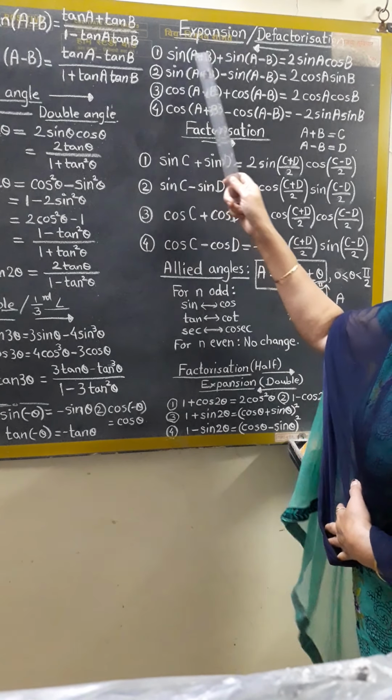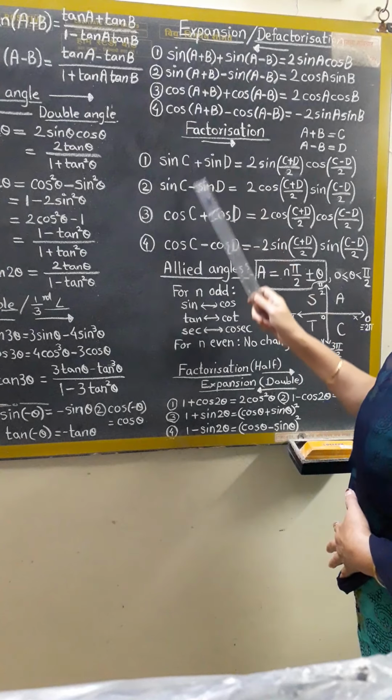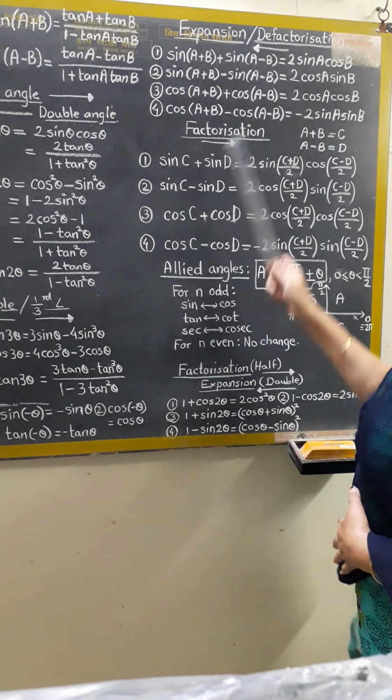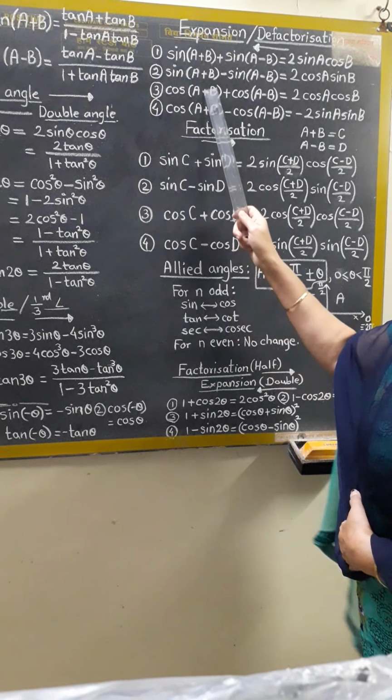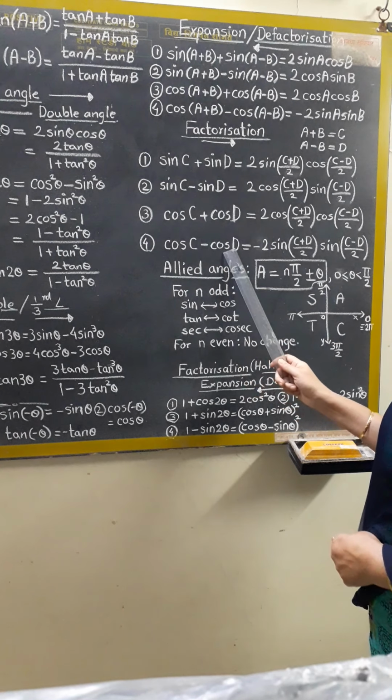So this becomes sin c plus sin d, sin c minus sin d, cos c plus cos d, cos c minus cos d.